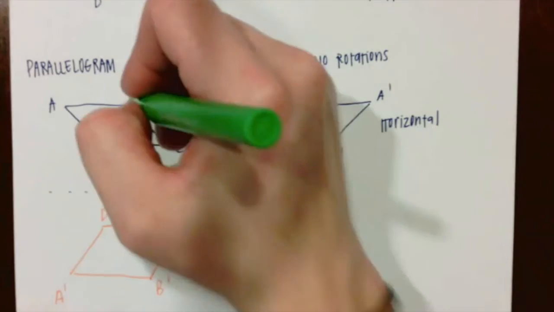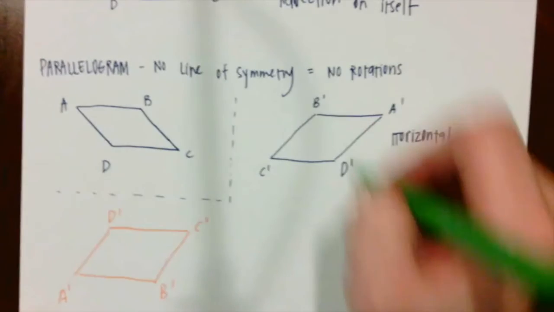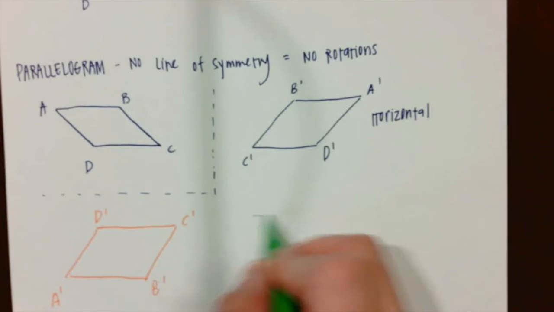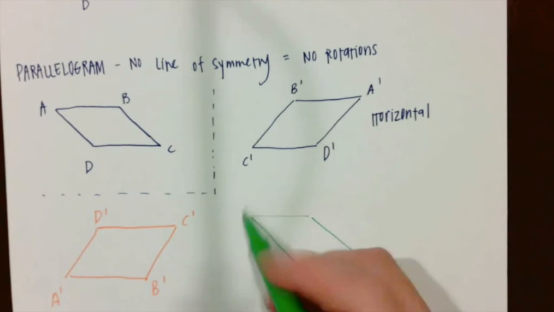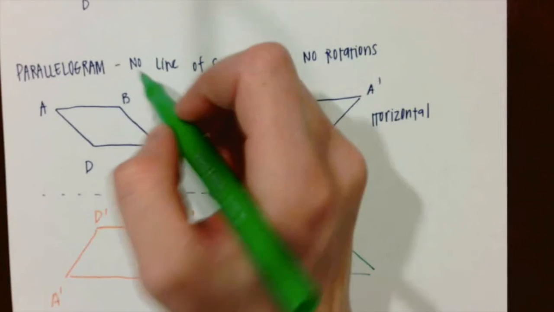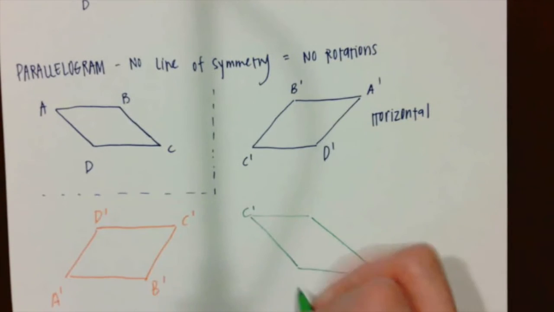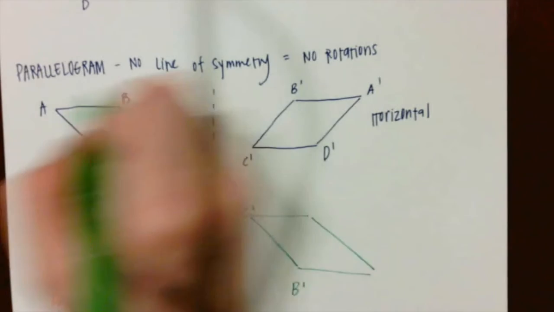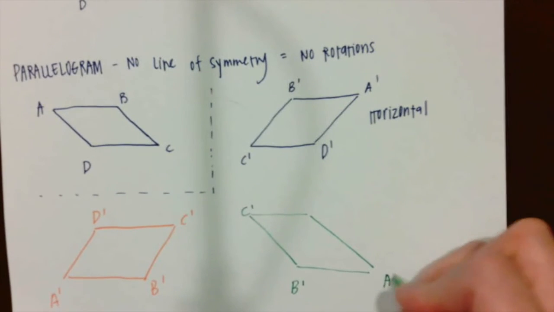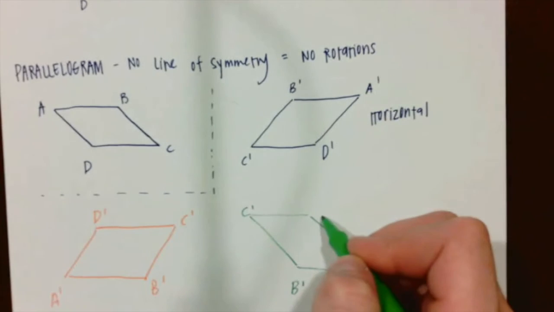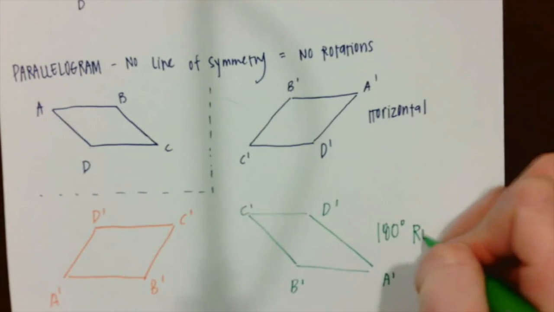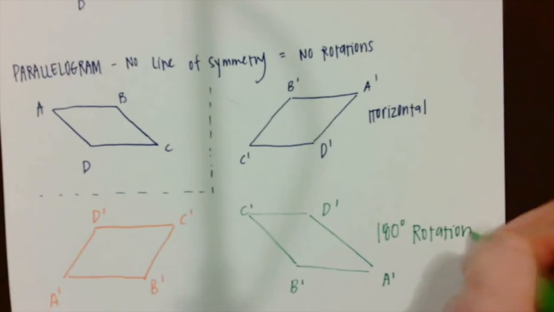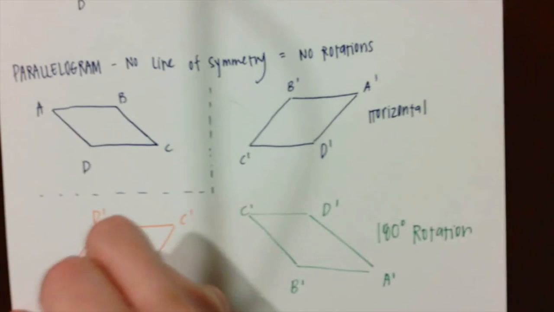So we could twist this around 180 degrees to the point where we have a shape that looks kind of like this. C rotated 180 degrees to here. B rotated 180 degrees down to here. A went 180 degrees over to this corner, and D went 180 degrees to right here. So we've got a 180-degree rotation, a horizontal flip, and a vertical flip.